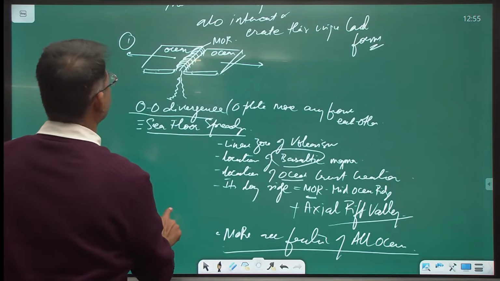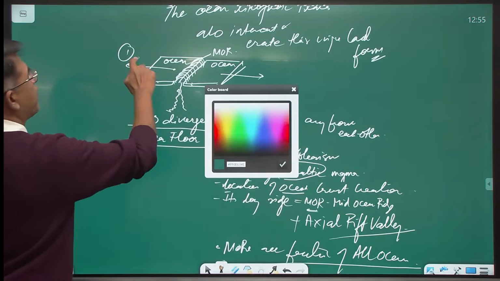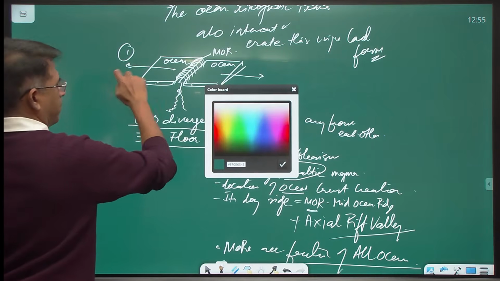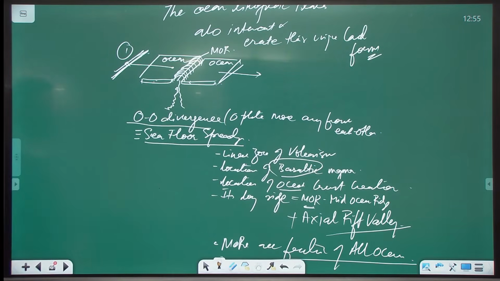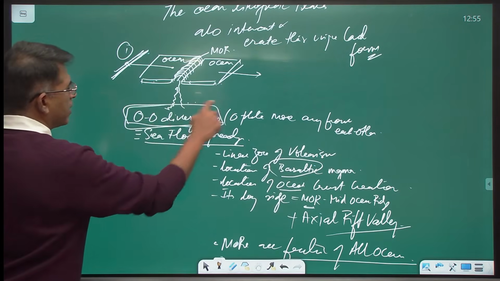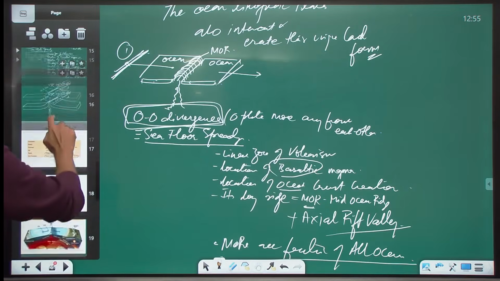This is number one. This is the first type of interaction, where we have ocean divergence.